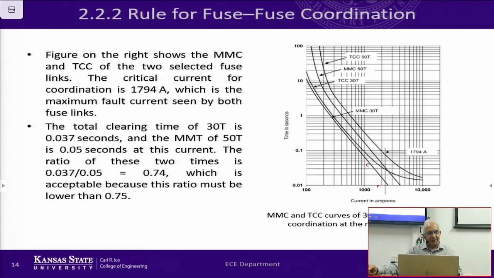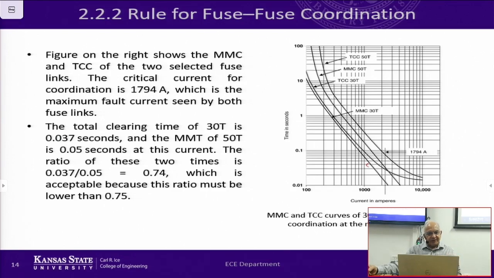Now for 30T, keep in mind that you have to pick the upper graph of the lower end downstream fuse and the lower graph of the upstream fuse to find the time.